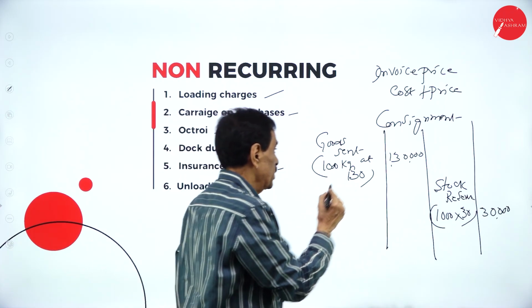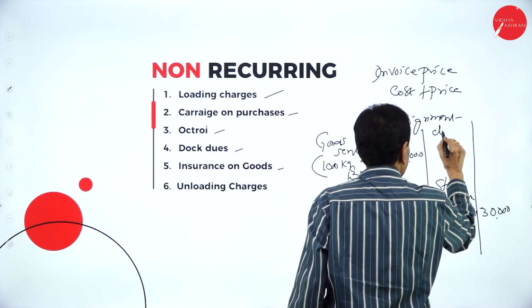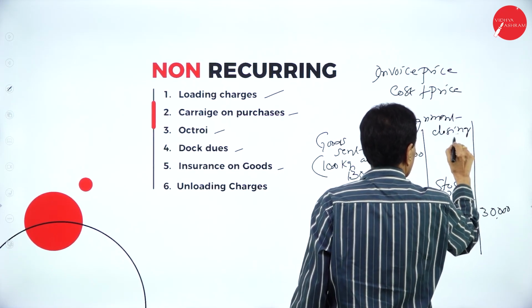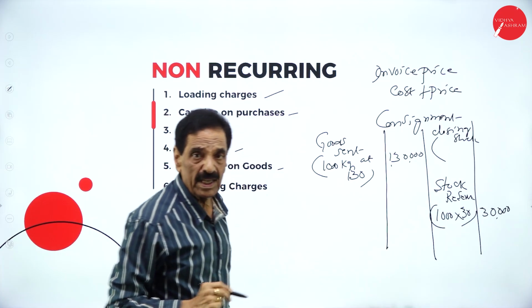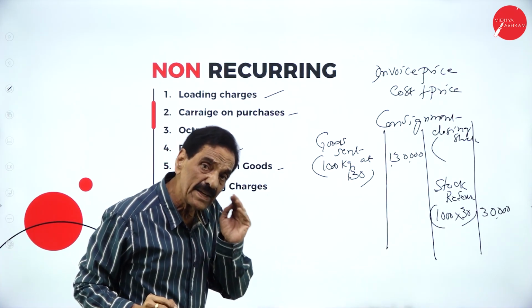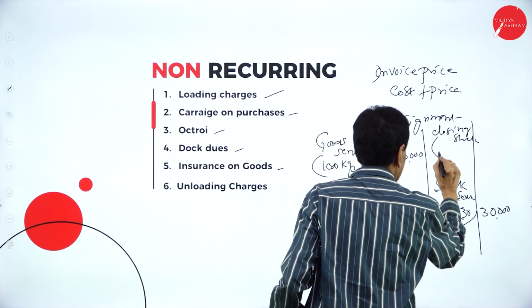Then closing stock, unsold. By chance, out of 1000 kgs, only 900 kgs have been sold. The leftover is 100 kg.